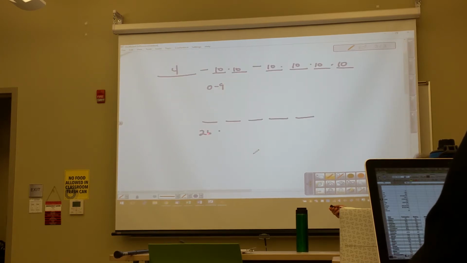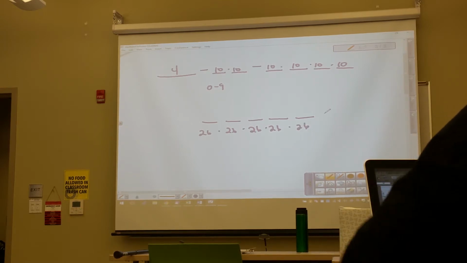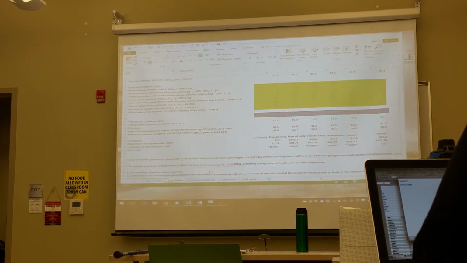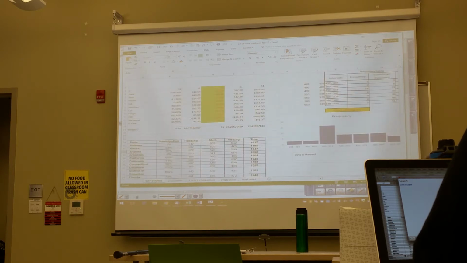Basically, I can put 26 different letters here, 26 different letters in the next slot. And 26, I forget what that is. I think I got it somewhere on here. Let me see. Did I do it?